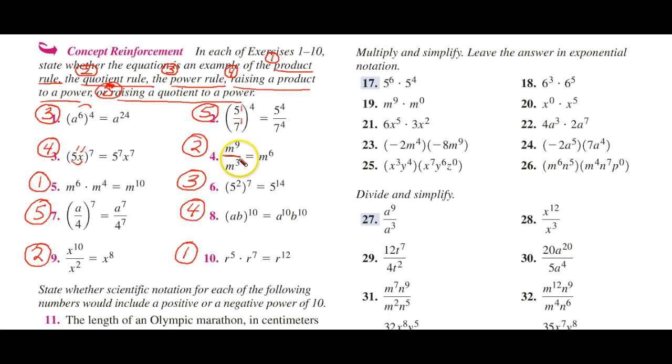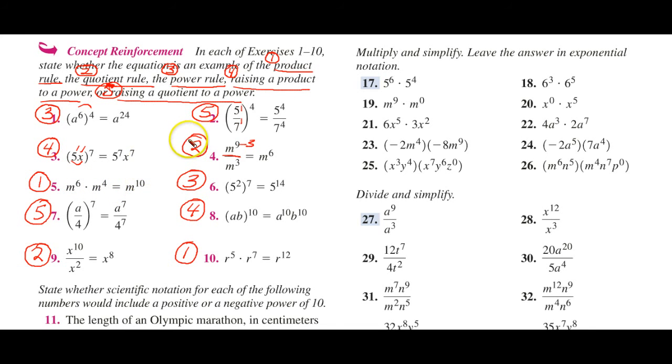So as it crosses this bar, this 3 comes up as a -3, leaving us with m to the 6th. Now the first of our rules is the product rule. That is, when we are multiplying variables, we just add the exponents, and we get m to the 10th.